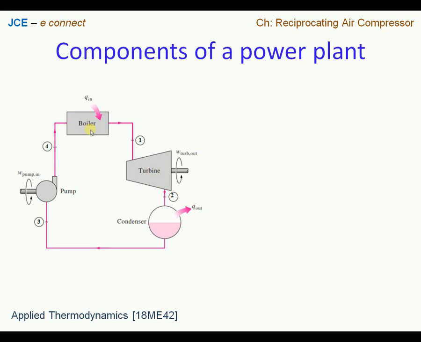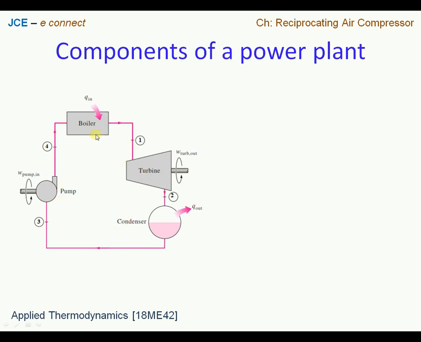At the boiler again heat is added, basically through the burning of fuel in the presence of oxygen, and water will be further converted into steam at a very high pressure and temperature. Thereby we see that the cycle continues in a clockwise direction.